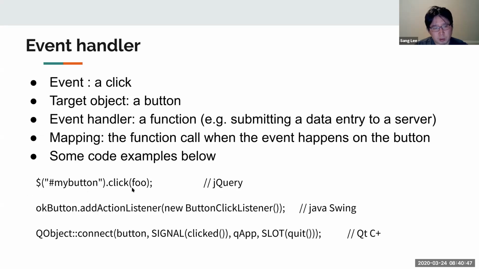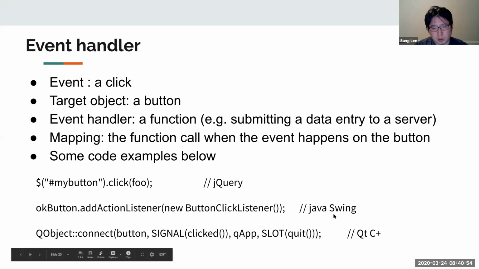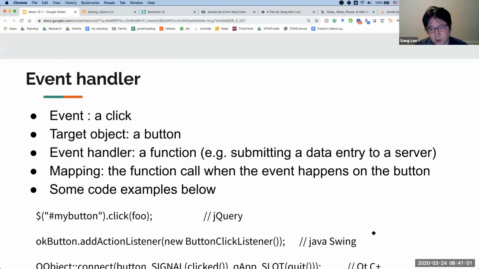So this is some example of code syntax of different languages. This is jQuery, this is Java Swing, a GUI framework, and this is Qt in the C++ language.